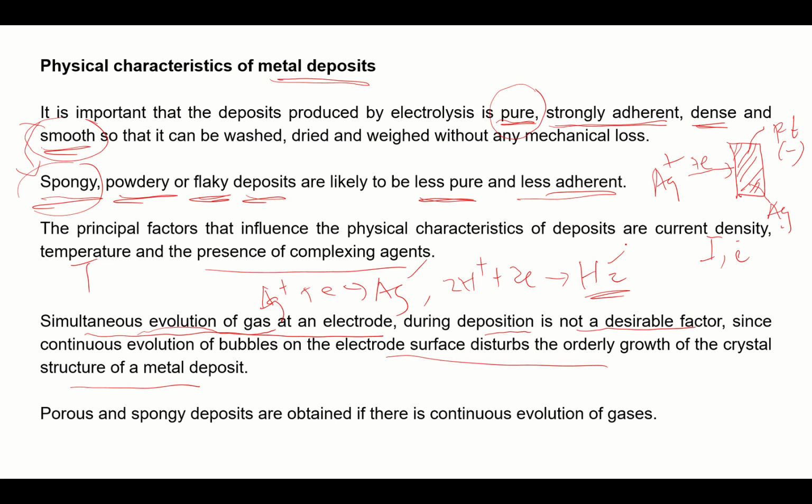The evolution of hydrogen during the deposition of silver will interfere in the formation of a good silver structure and disturb the growth of silver on the platinum. As a result, a porous and spongy silver deposit will be obtained if there is continuous evolution of hydrogen gas on the platinum surface or substrate.